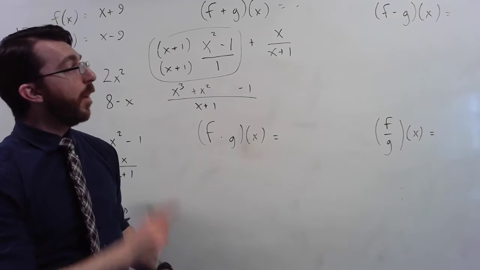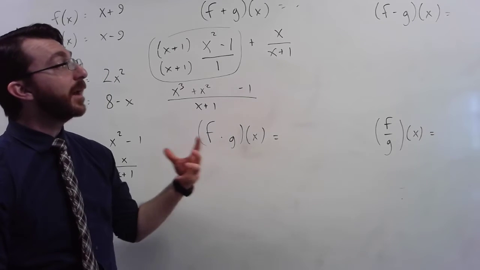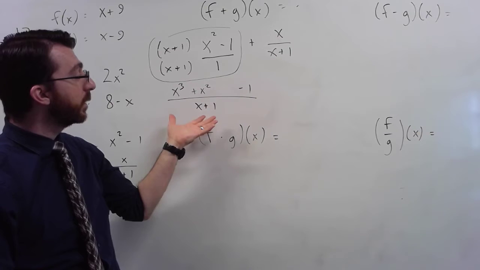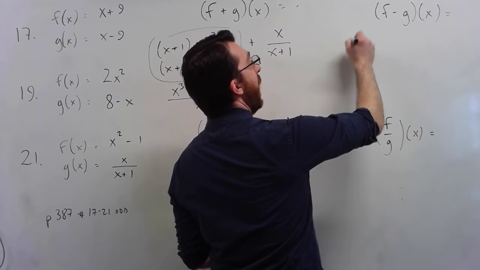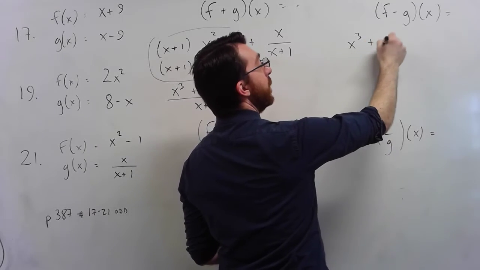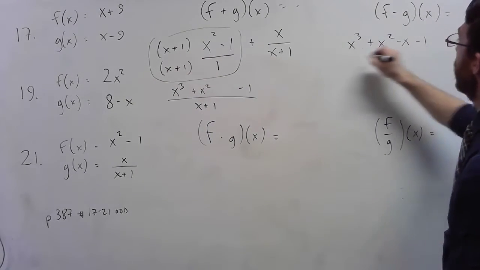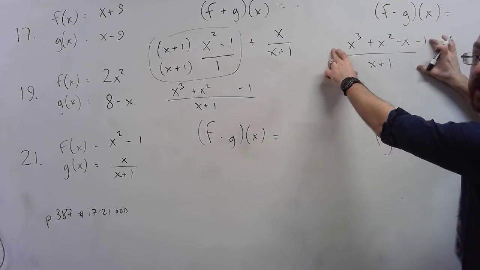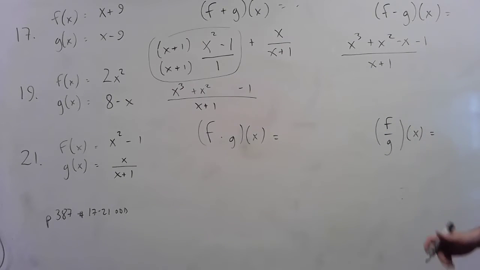Okay, now on the subtraction side, I have the same issue where I need a common denominator. Fortunately, I've already done that work, so let me go ahead and get that back. X cubed plus x squared, remember there was a minus x there, minus 1 over x plus 1. This is f of x, but it has the same denominator as g of x.